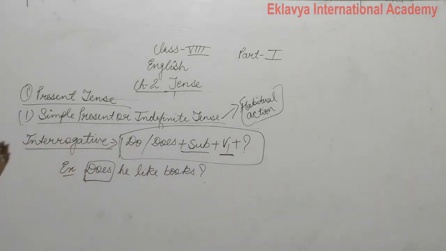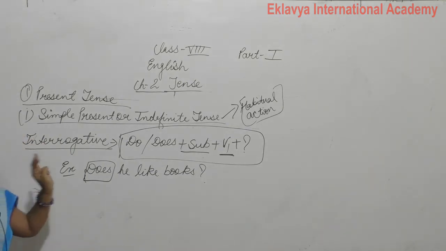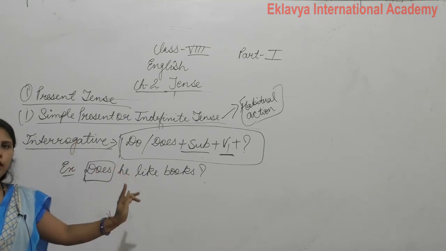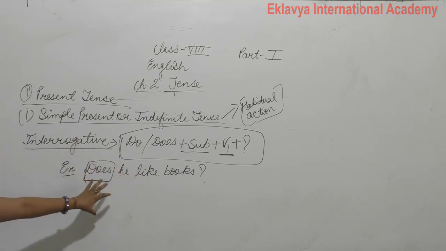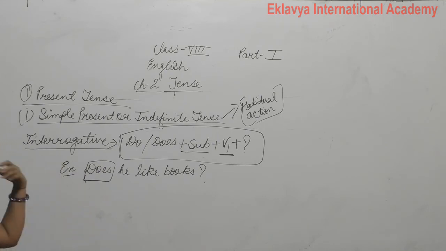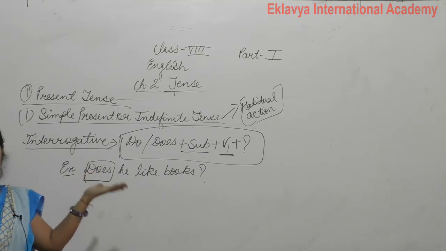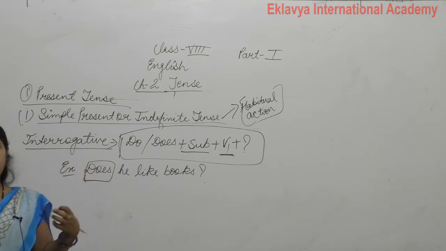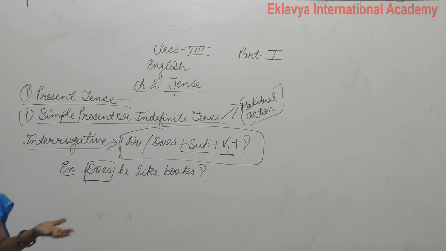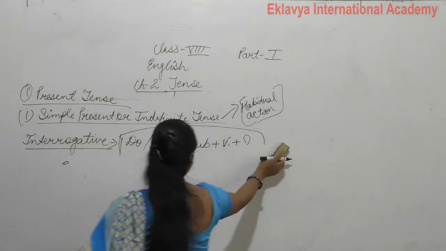So these are the three ways of forming sentences: affirmative, negative and interrogative. So here all three forms are complete. Now how do we identify that this is simple present tense or indefinite tense? To identify these, we should know something.